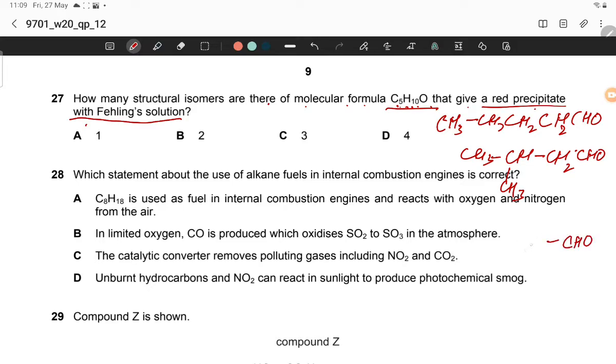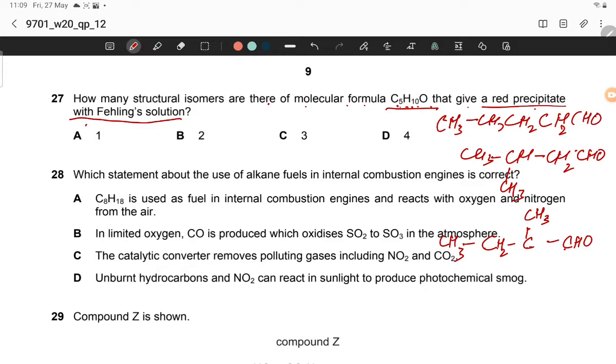CHO, CH3, CH2, CH2. 1, 2, 3, 4, and 5. CH3.